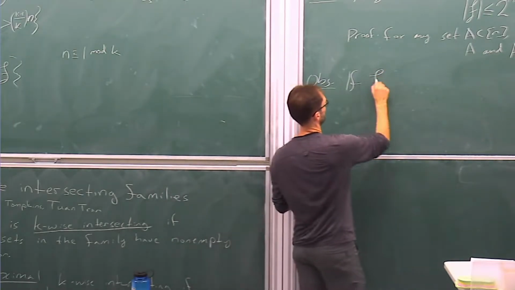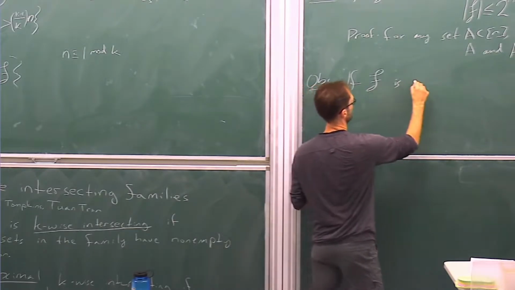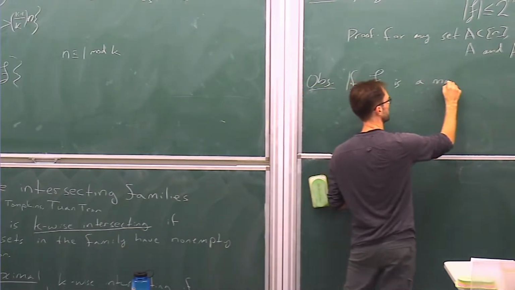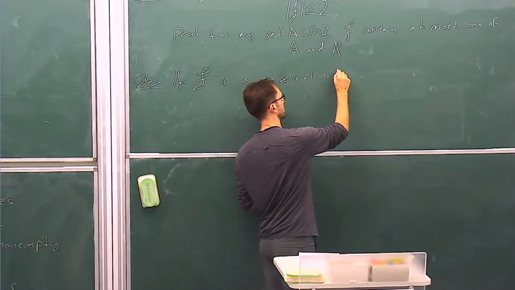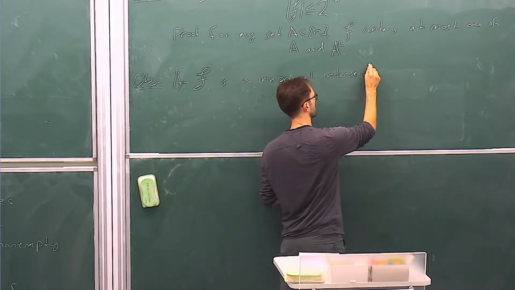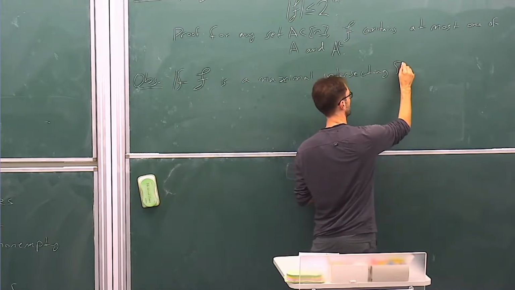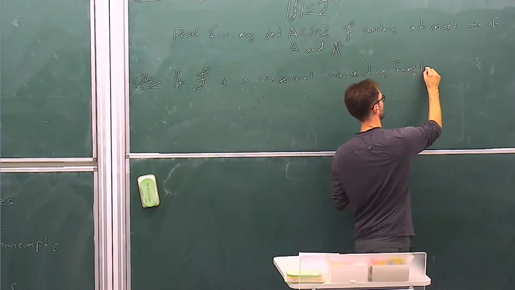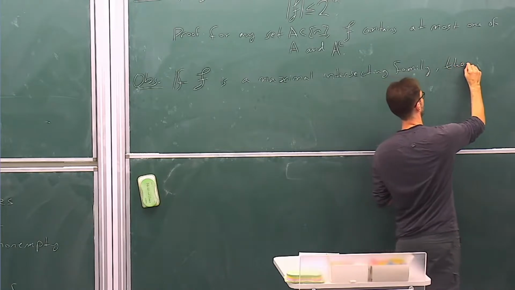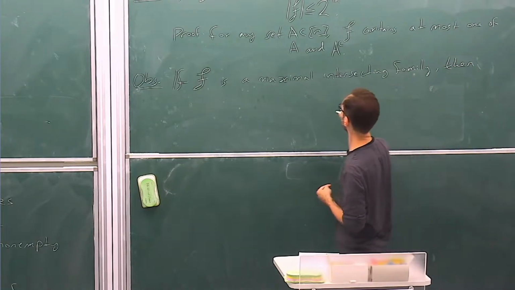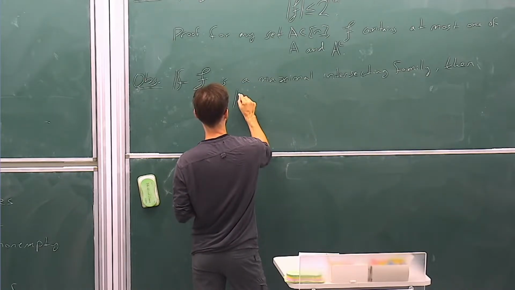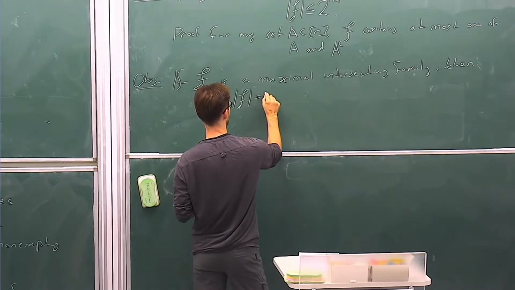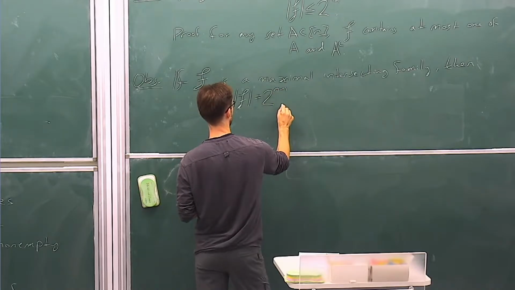So if F is a maximal intersecting family, then the size of F is equal to 2 to the n minus 1.